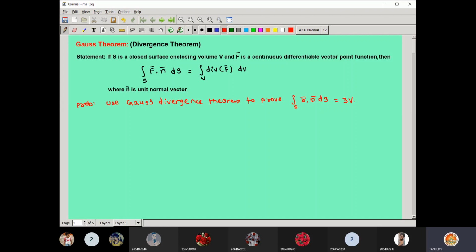So they are asking to use Gauss divergence theorem in order to prove the given statement.